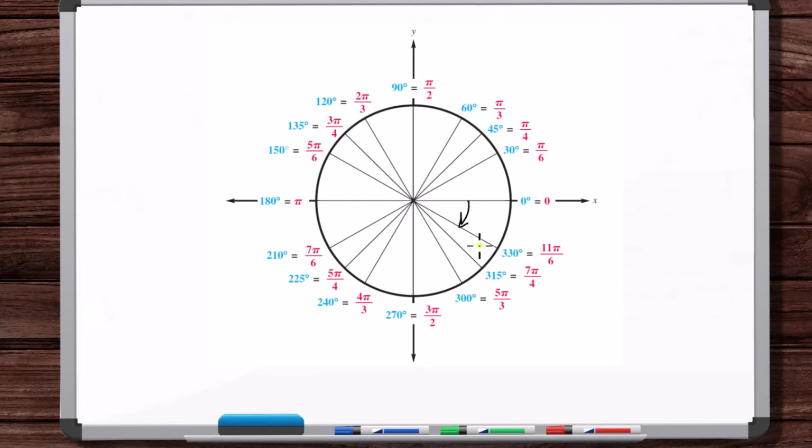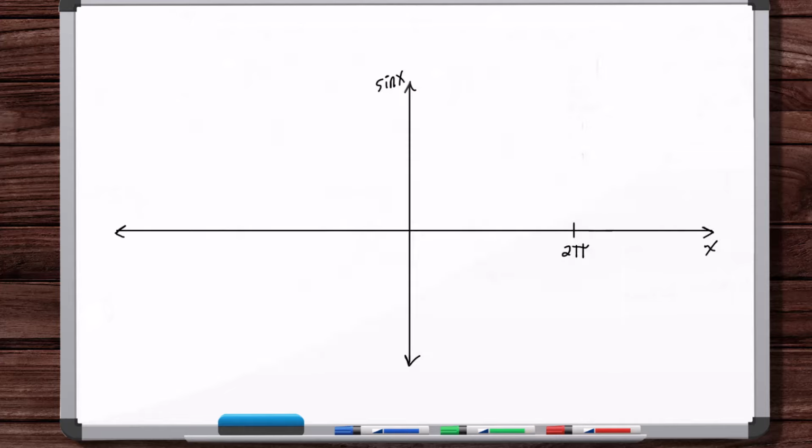But the idea is that this is negative 2 pi, and the pattern would start here. So we got some pattern starting at 0 and going to 2 pi. It's going to be the exact same pattern going from negative 2 pi all the way to 0. If we started at 0 and went to negative 2 pi, we'd be going through that pattern in reverse.